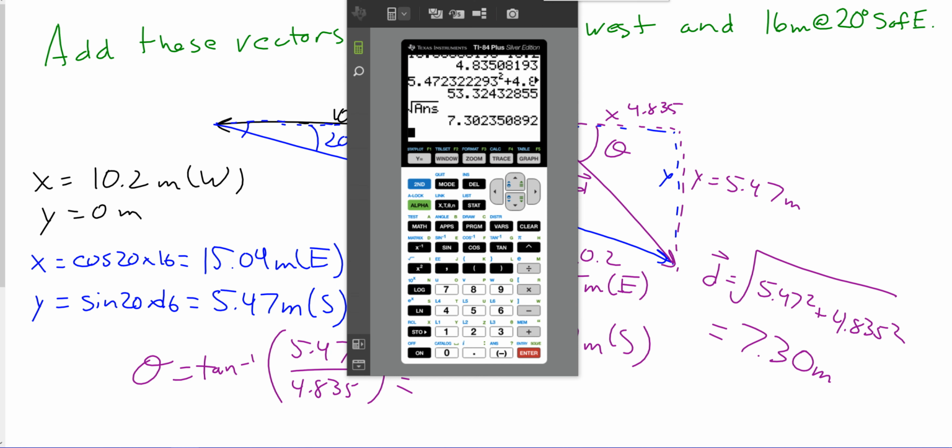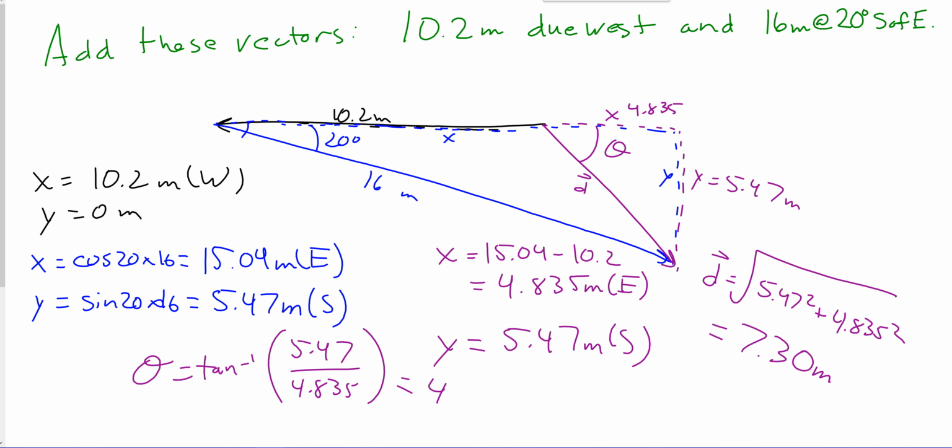Again, I want to use all of my numbers here, so tan inverse of that one divided by that, all right, so that gives me 48.5 degrees, and that'll be south of east.